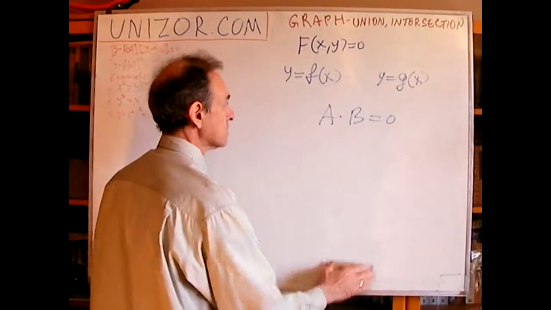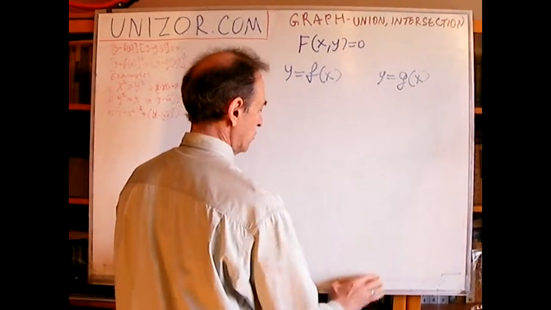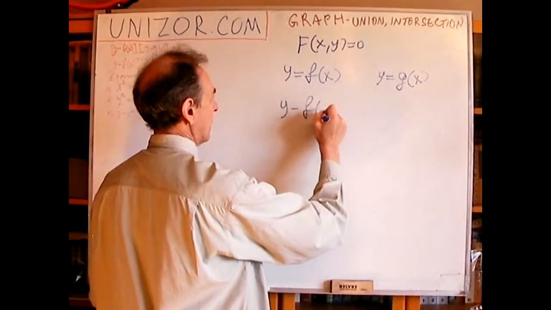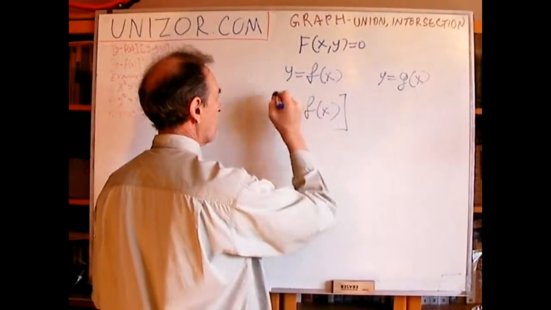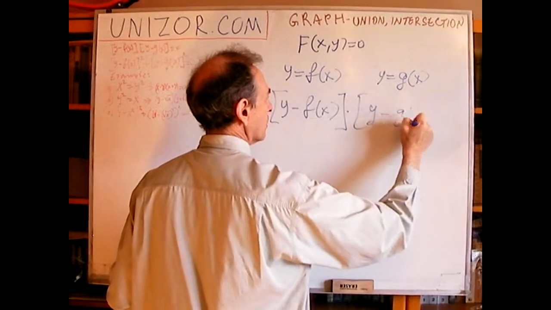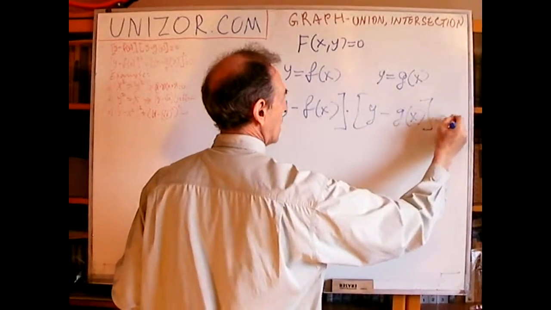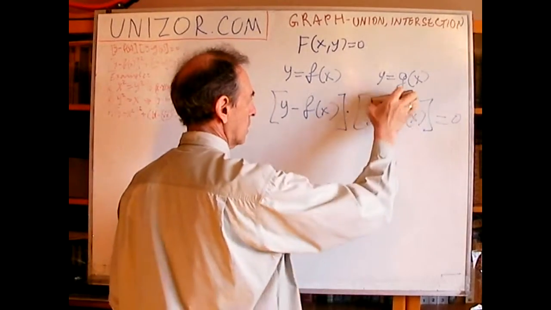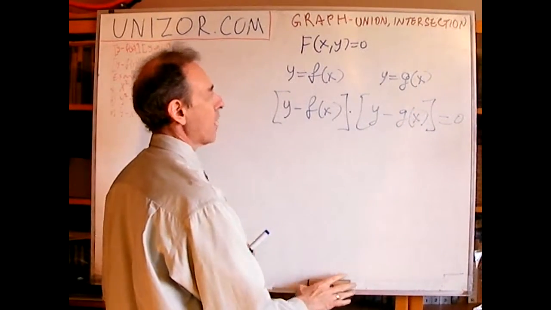Now, that means that if I use y minus f of x and multiply it by y minus g of x and put it equal to 0, consider this particular equation.